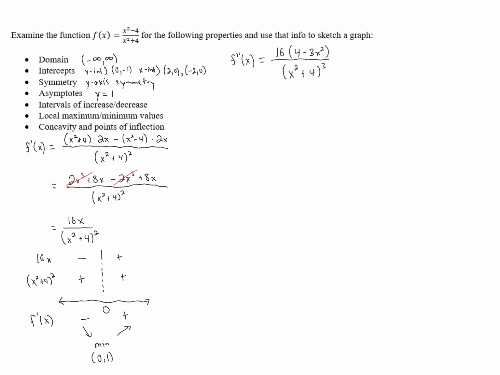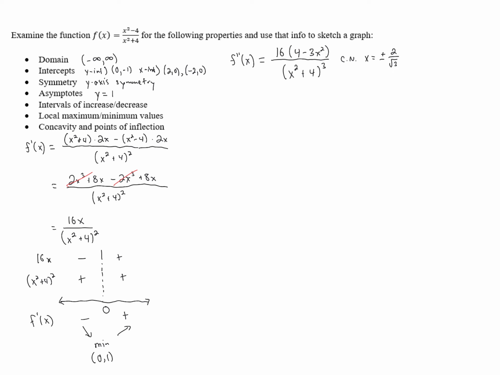And if we look at that, the critical numbers here, where the second derivative is equal to 0, happen at x equals plus or minus 2 over root 3. They come from setting this factor equal to 0.